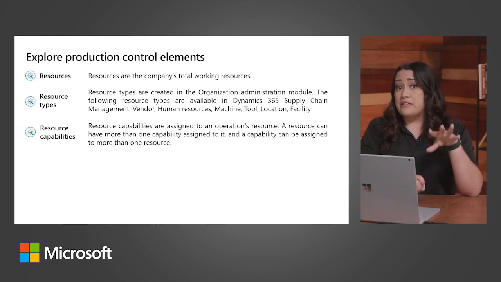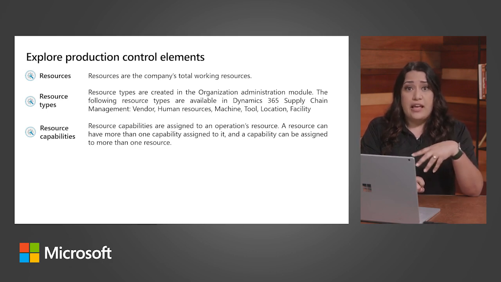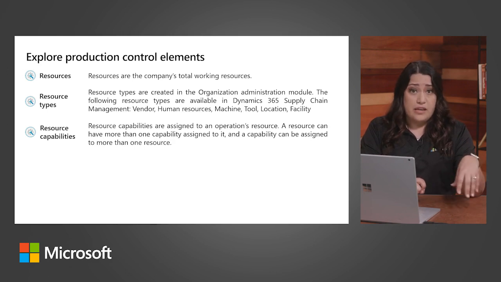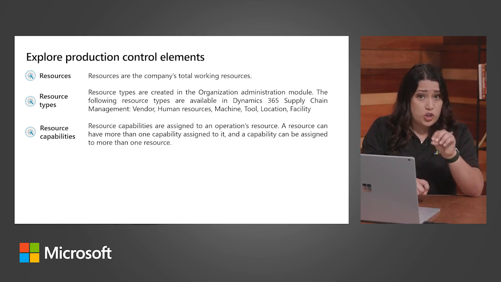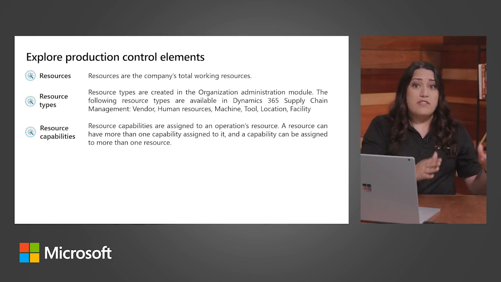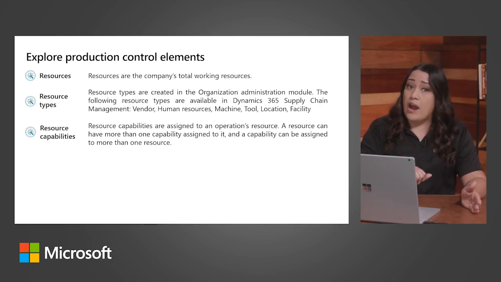Now, when you break down the resources into different types, this can help you manage the utilization and capacity of each. And it can help you make sure that you have the right employees on the jobs. It's going to make sure that you have the right tools available. And actually, for machines and tools, you can track the utilization to make sure that the best one is being used for the job, and you can track capacity.